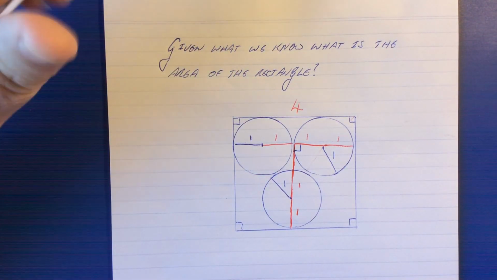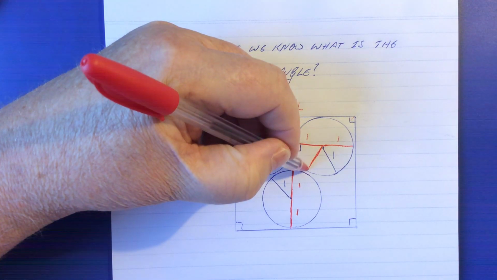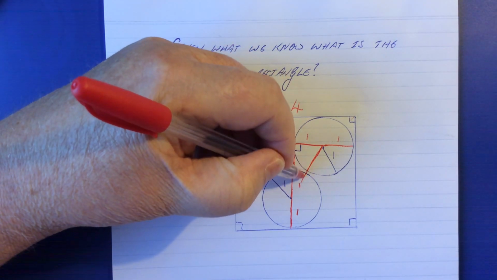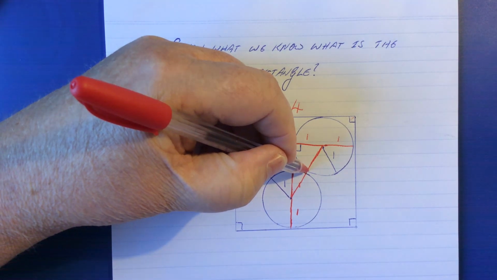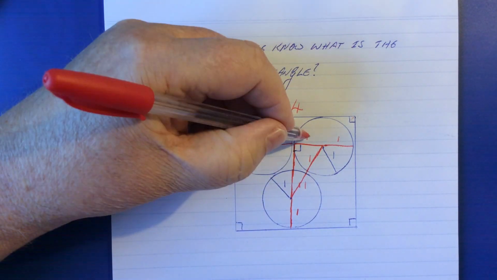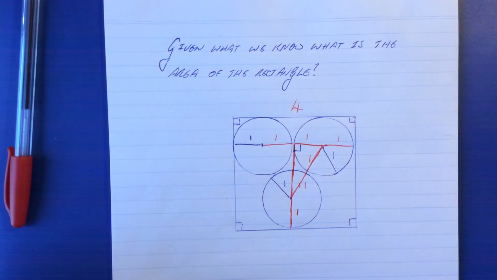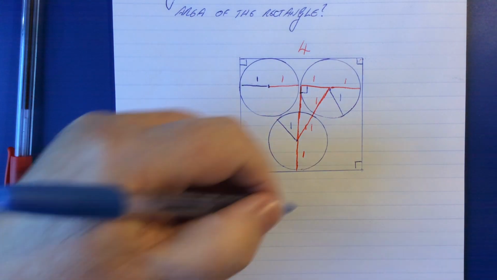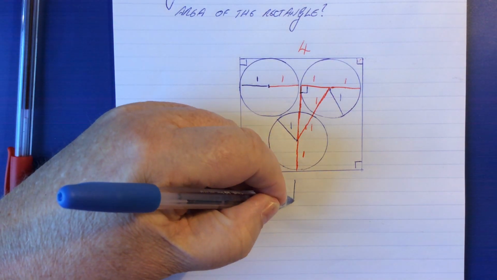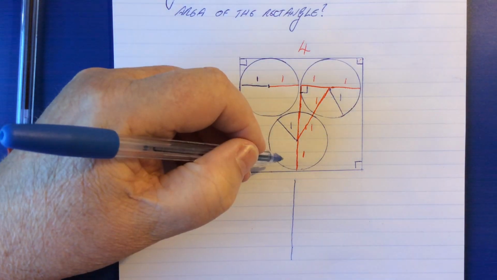And let us play around with the idea of the radii again. Now these should be touching, that's my poor drawing, so that is 1, and that is 1, and that is 1. And that's a key to this. So let me extract that from all of the red and blue that you see.